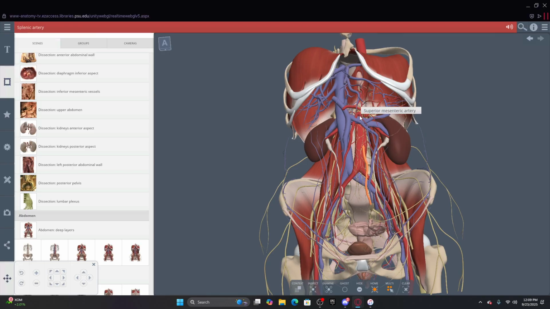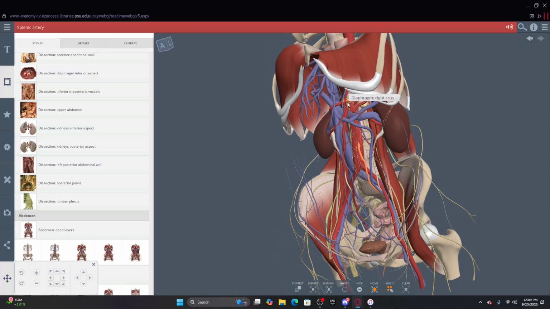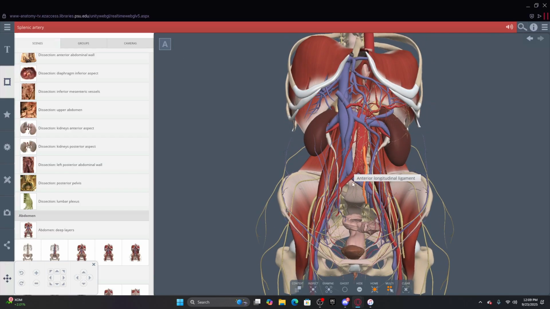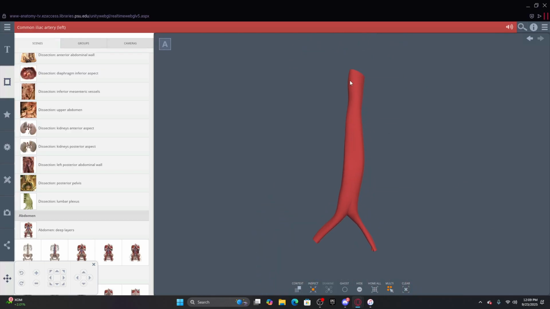So the abdominal aorta is going to turn into the common iliac artery, right? So abdominal aorta, click it right here, common iliac artery. We see that. So if I inspect abdominal aorta, common iliac artery, left and right.